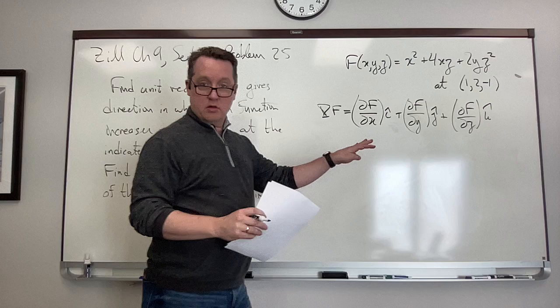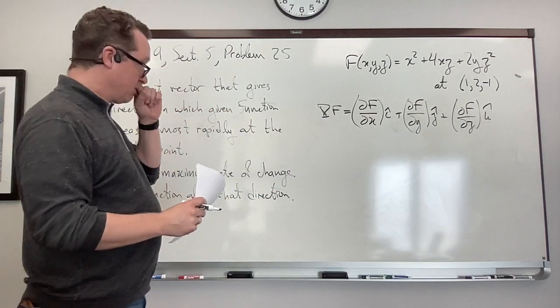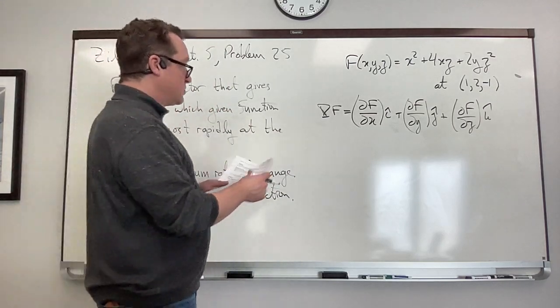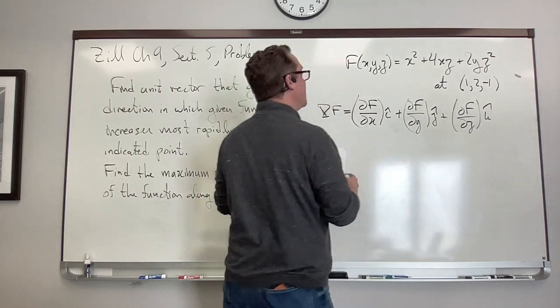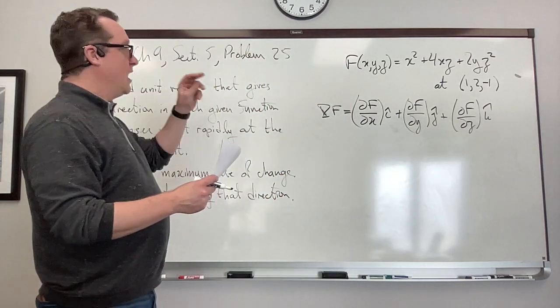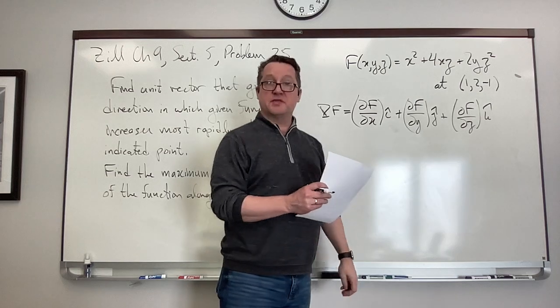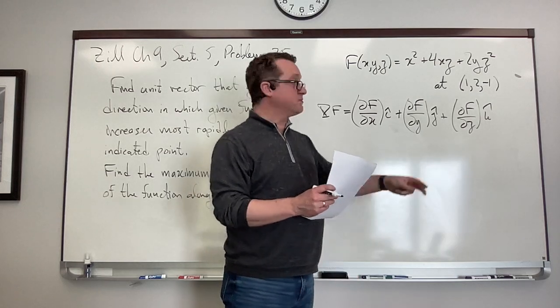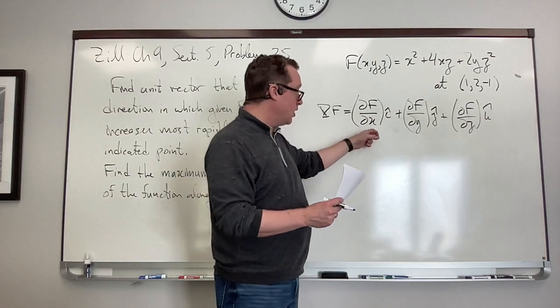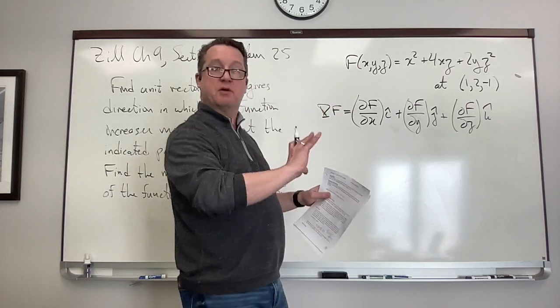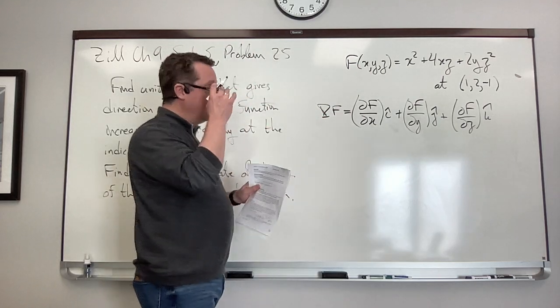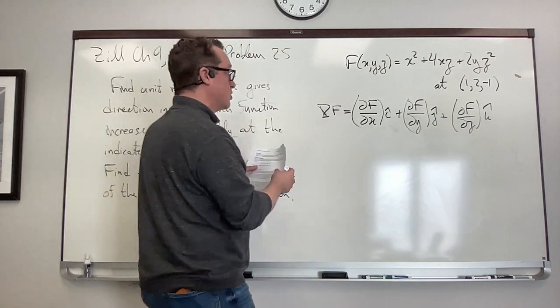That's the general gradient operation. Now, this one's simple enough that we can probably just do this in our heads and calculate each component as we assemble the gradient. If this problem were a lot more complicated, we'd probably calculate each of these partials as a separate line in our solution and then combine them. But this one's simple enough that we can just go ahead and do this.